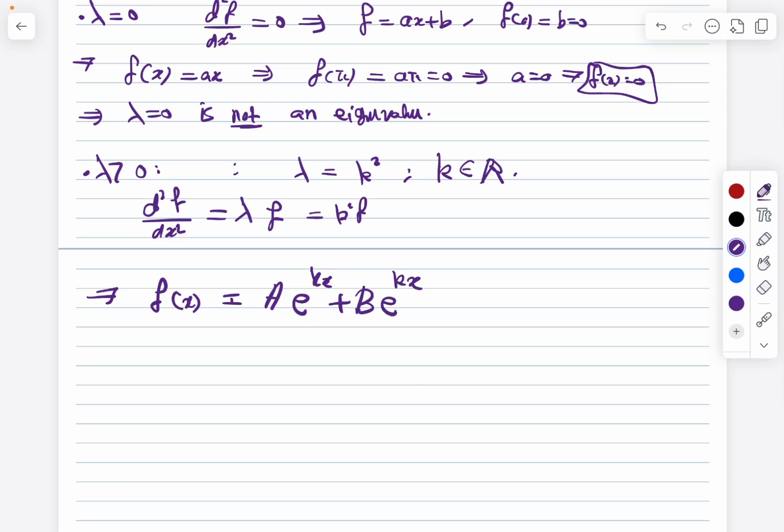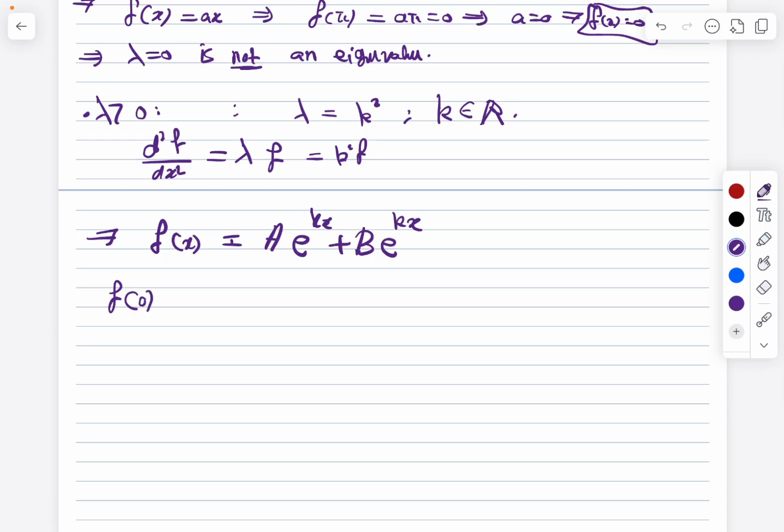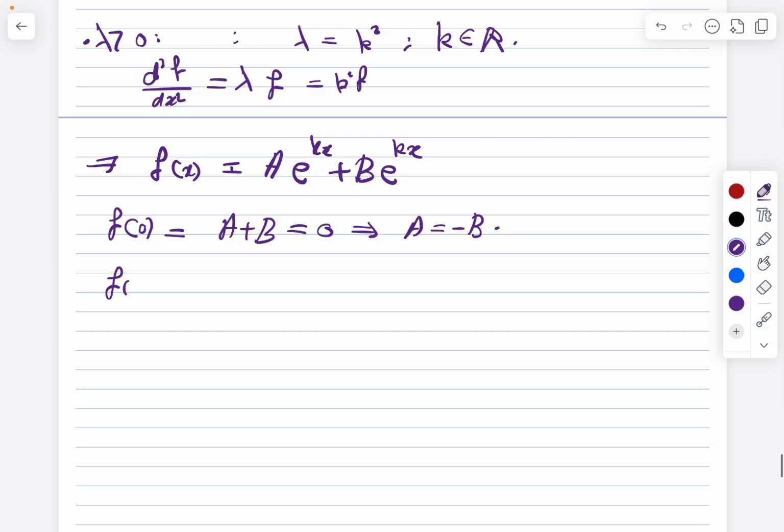Now at 0, f at 0 is equal to a plus b, which equals 0, so that means that a must equal minus b. Now if we substitute back, f of x equals a e^(kx) minus a e^(-kx), which can be written as 2a sinh of kx.